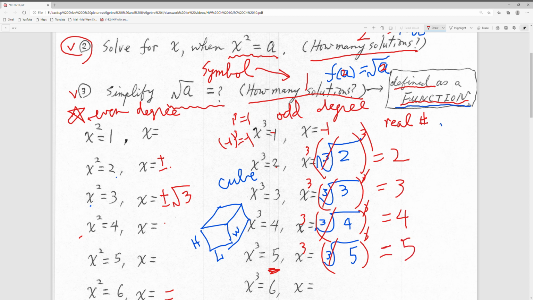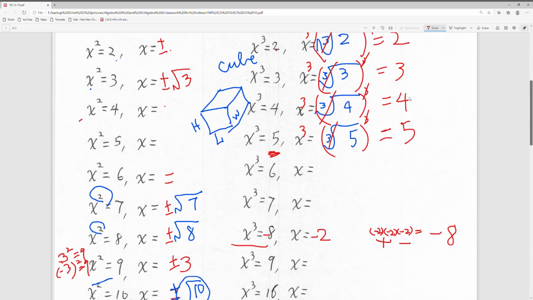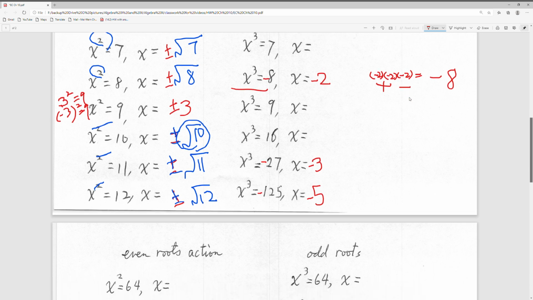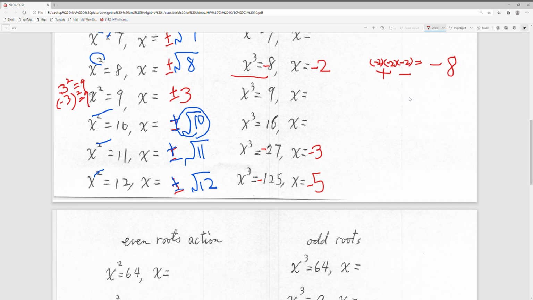This new symbol, same as the square root, you can cancel out with the outside cube or outside square. That's the same thing. We keep going.